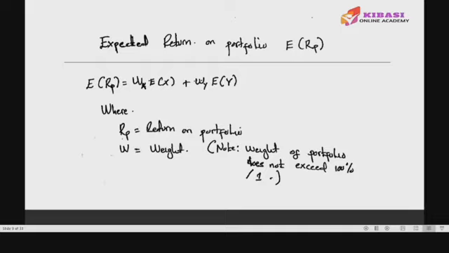When you have two variable, expected return ya portfolio itakuwa ni weight ya variable ya kwanza times expected return ya variable ya kwanza ambayo ni x plus weight ya y times expected return ya y, hii variable ya 2. Where RP ni return on portfolio, W is weight. Note weight of portfolio does not exceed 100 or 1.